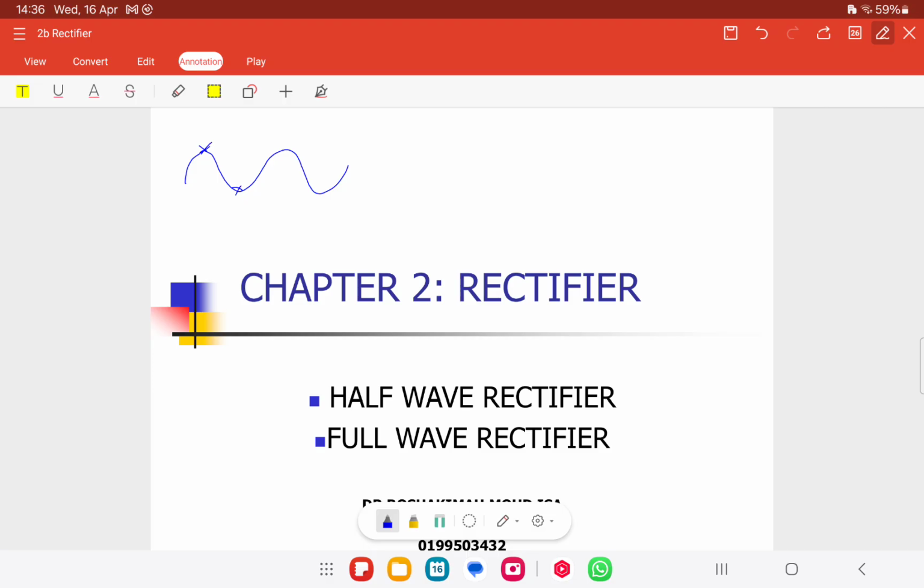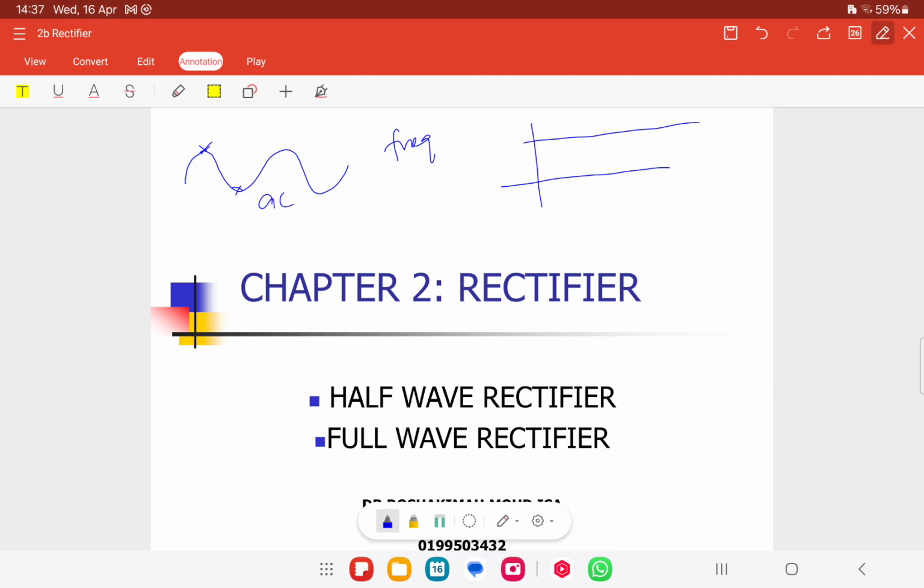So we have lots of parameters to consider. We have the frequency, and we have positive and negative cycle. Okay, this is for AC signal. Meanwhile, for DC signal macam mana rupa dia? Straight line je. Okay, and this is more stable.